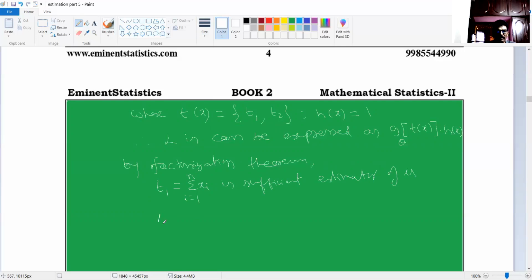Sufficient estimator of mu. P2 is equal to summation i equals 1 to n xi square, which is a sufficient estimator of sigma square.